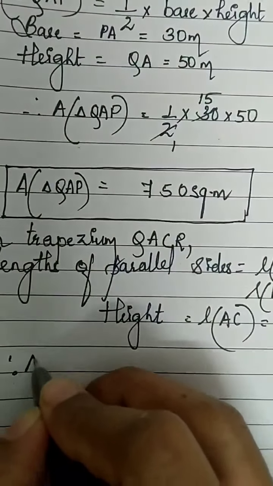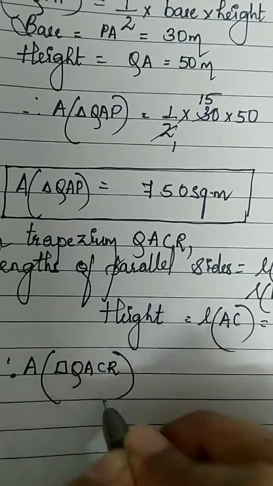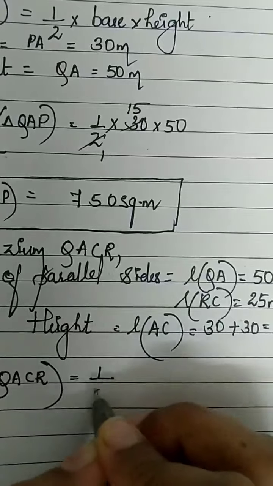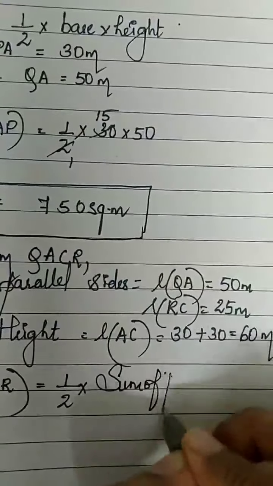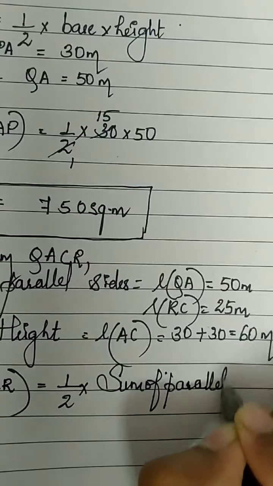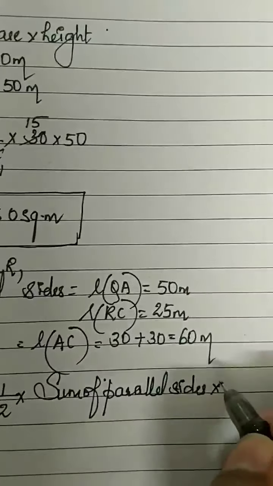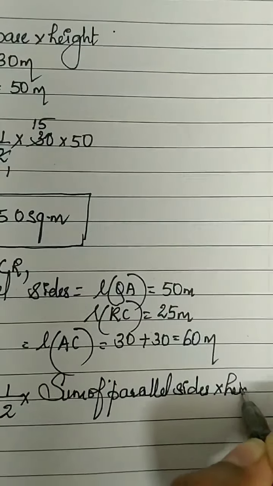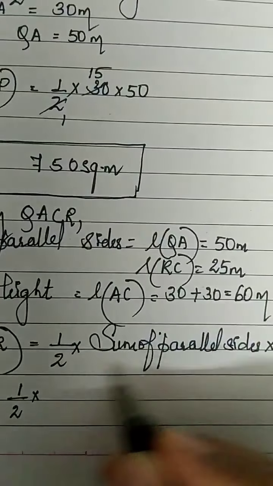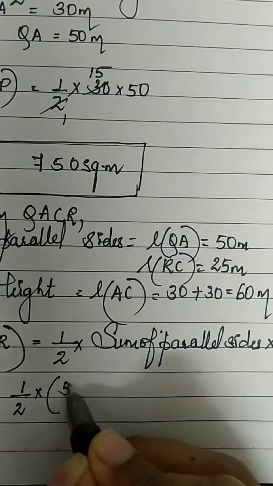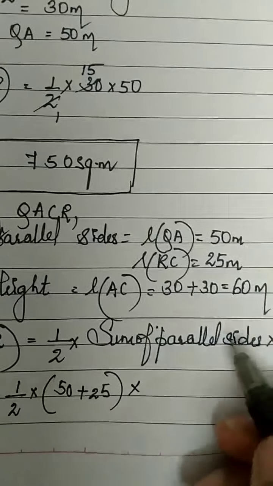Therefore, area of quadrilateral QACR. It's a trapezium, so we'll write the formula first. Half into sum of parallel sides into height. So half into 50 plus 25 multiplied by height.